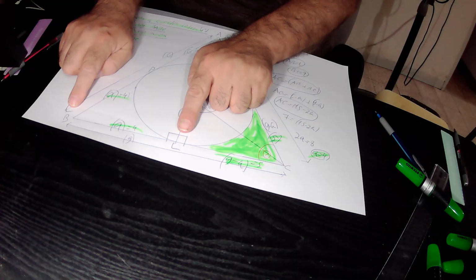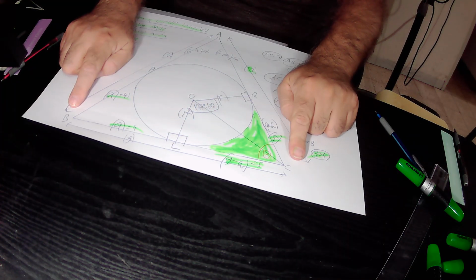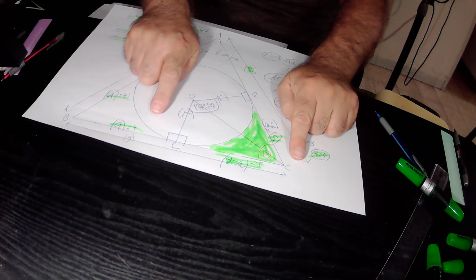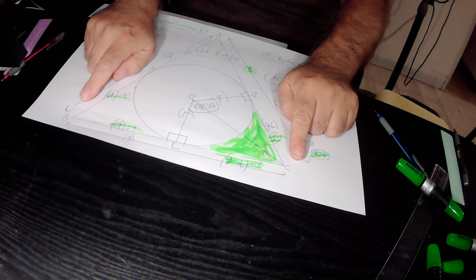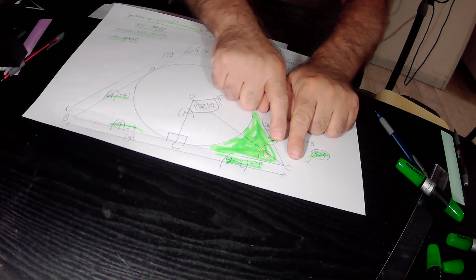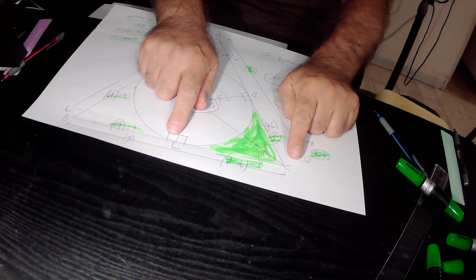BL equals a units in length, BC equals 9 units in length. Therefore, LC must equal BC, that is 9, minus BL, that is a. So in total, LC equals 9 minus a units in length.